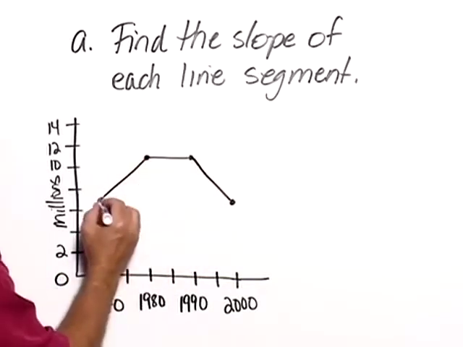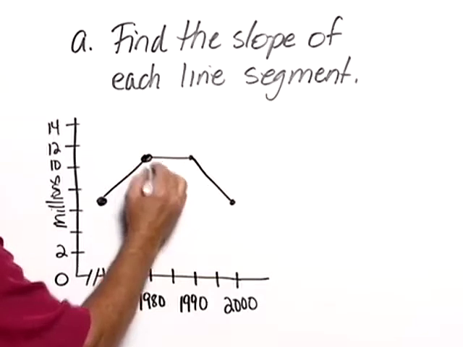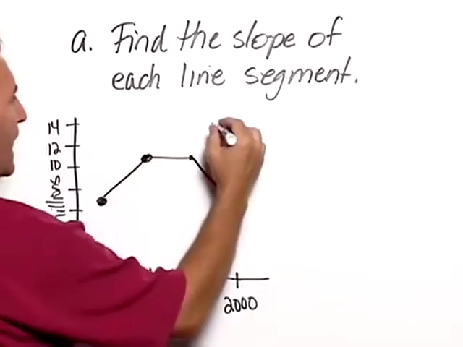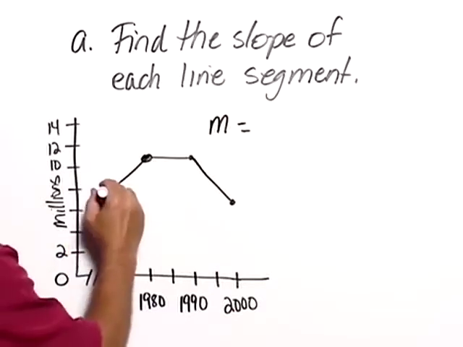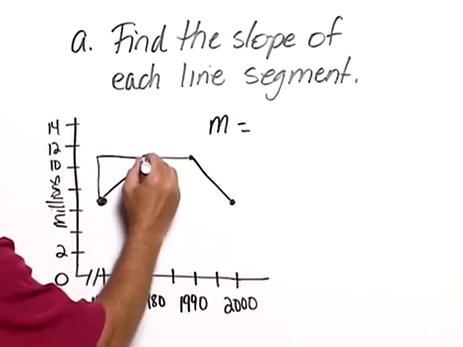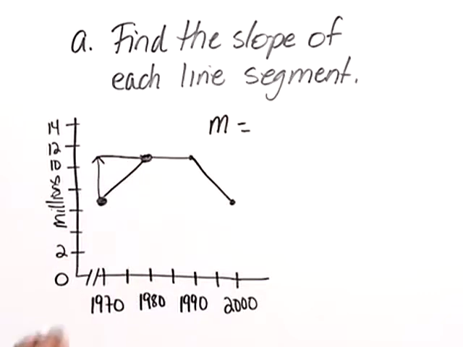To do that, we want to figure out this point, and then we calculate the slope, which is equal to the rise over the run. Well, this point here is 1970, 7 million.